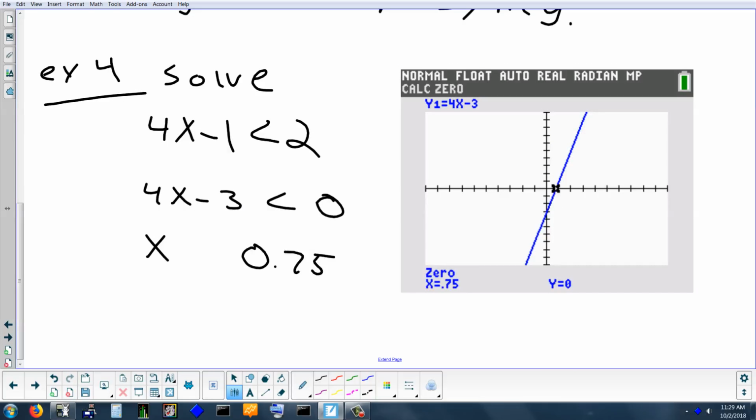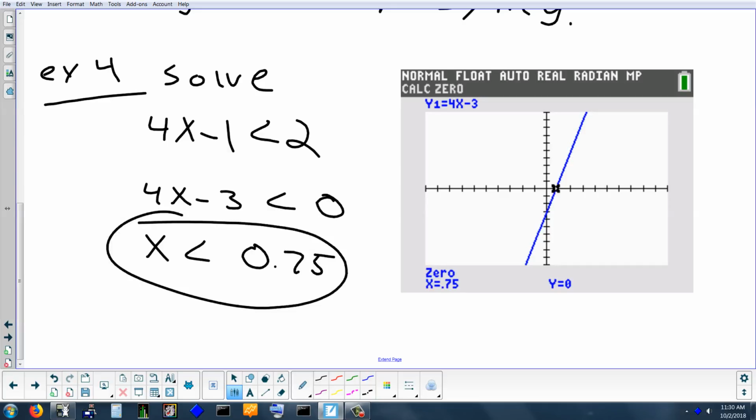So is the answer here everything that's less than 0.75 or everything that's greater? What do you think, Shai? Less than. Because the question is about where is the graph less than 0?